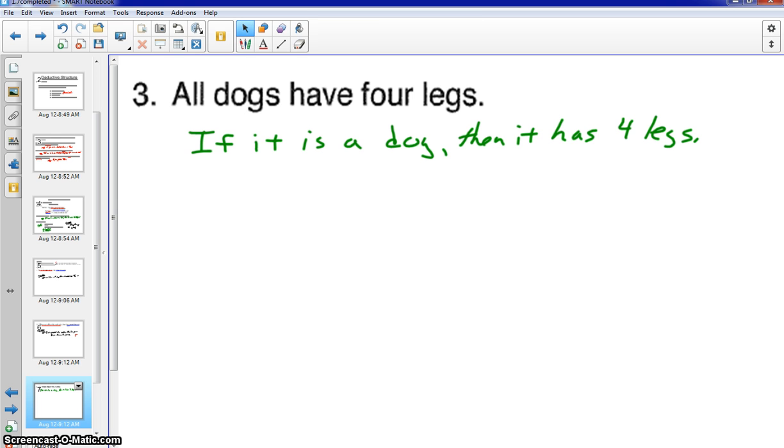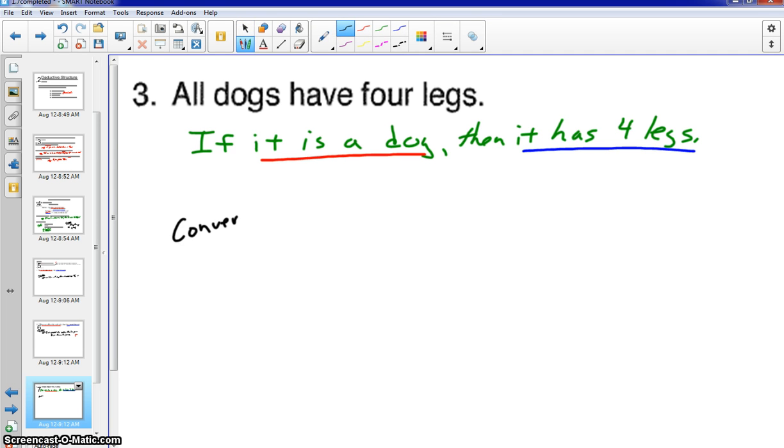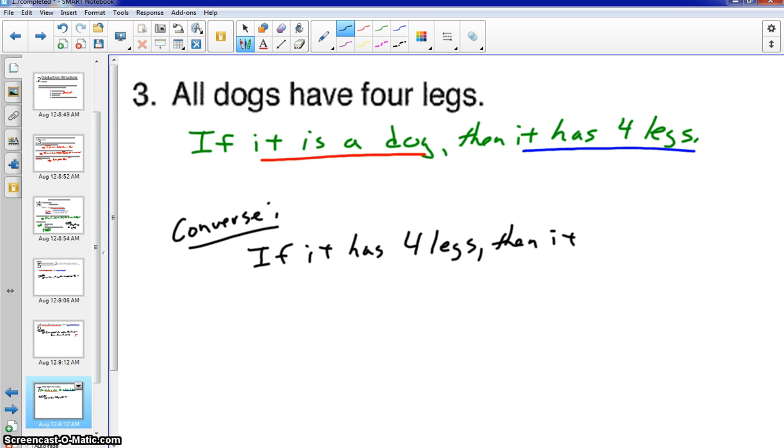So the hypothesis, if it is a dog, conclusion, has 4 legs. Converse, if it has 4 legs, then it is a dog, and that is false.